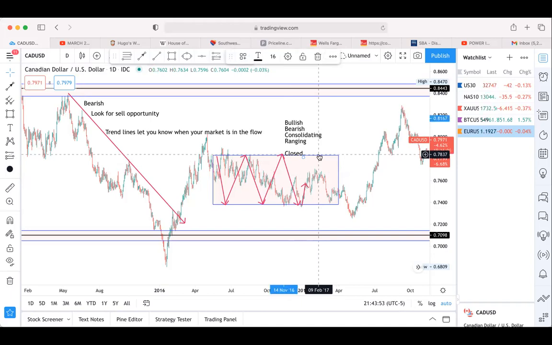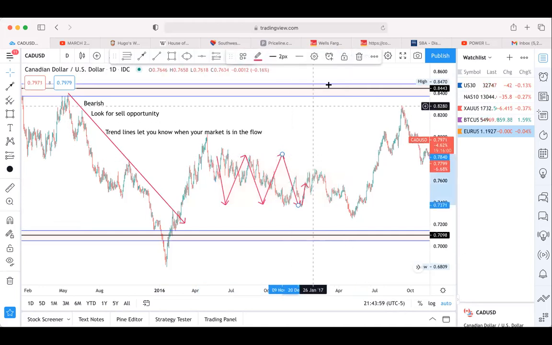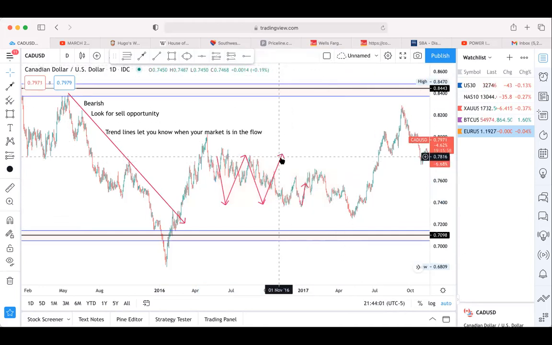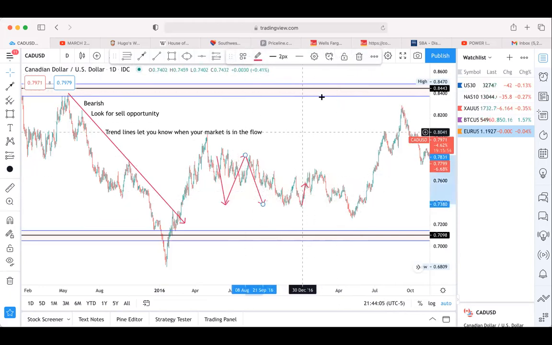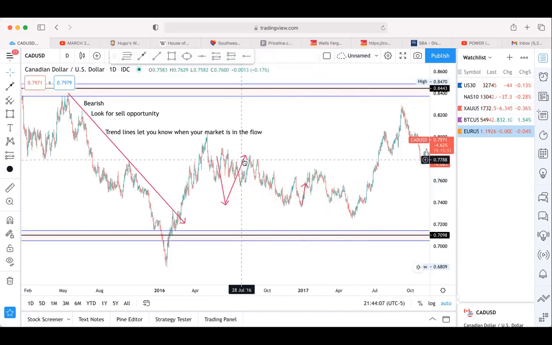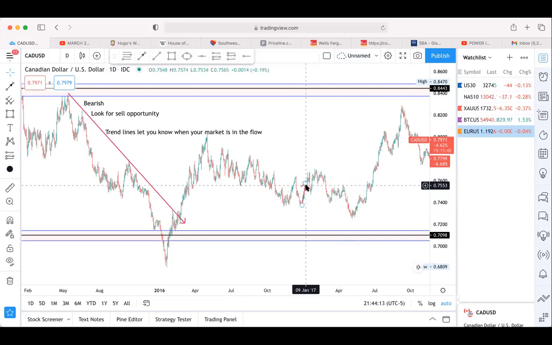So let me take out all those things. What I encourage you to do, when you're free, go on your computer, go to tradingview.com and test the market out to see how to mark support and resistance.